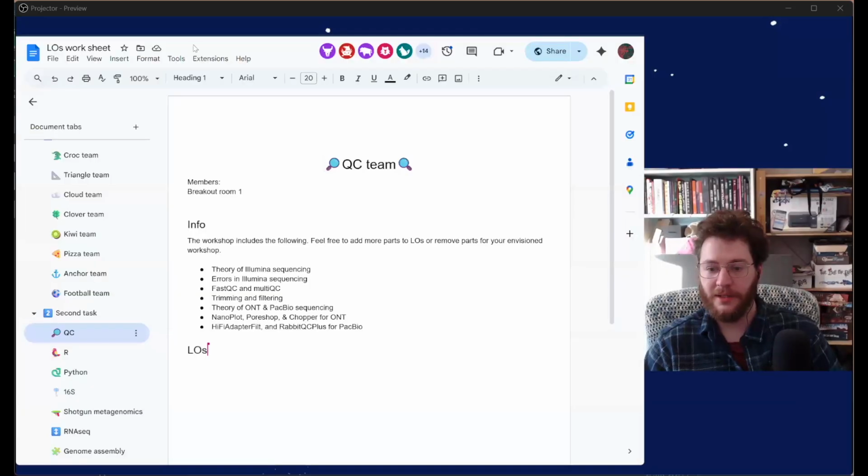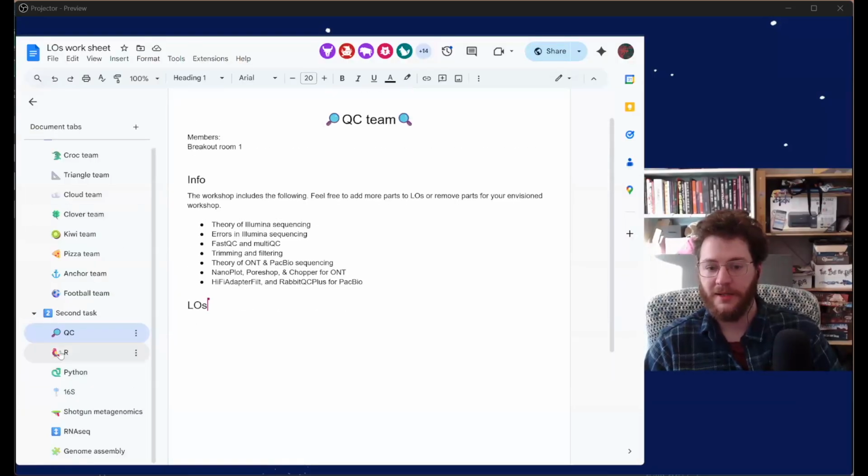And if we look at this, if you pick one of them, you'll see that you can put in the members, and here's the info. You can add in more, but these give you bullet points to then create learning outcomes from. So you have theory of Illumina sequencing, errors in Illumina sequencing, FastQC and MultiQC. And again, maybe just choose 2 or 3 of these. And if you can maybe make a fourth, great.